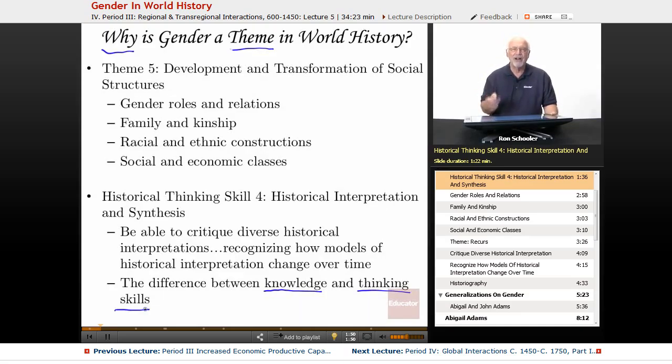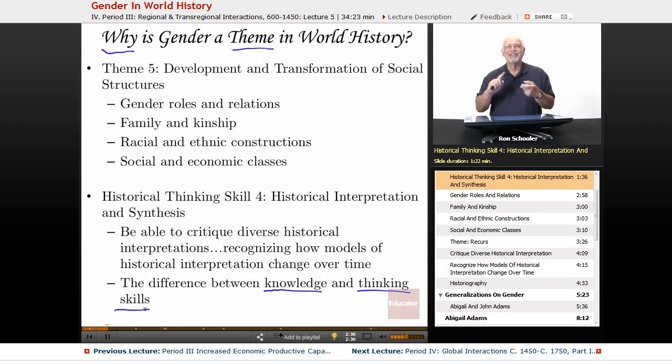If we just have knowledge, then we're like a record that can say things, kind of like talking to Siri, but we don't know how to manipulate that information to make sense of it, to compare it, to see it in context, and to do all kinds of interesting things with our thinking skills, which is the heart of history, interpretation. But if we have no knowledge, we can't do that with it. So the two are intertwined with each other.